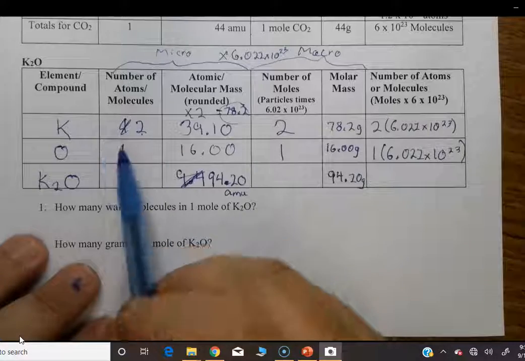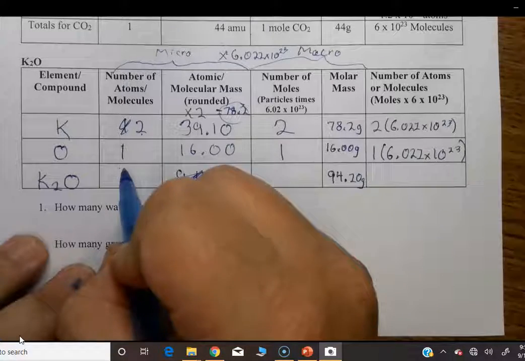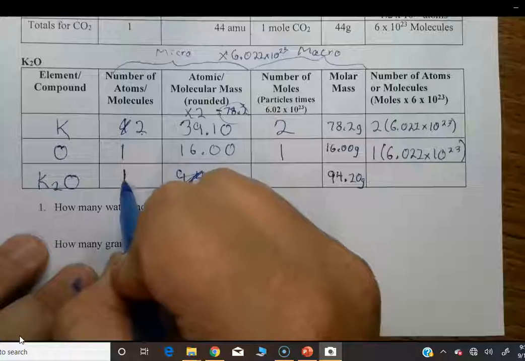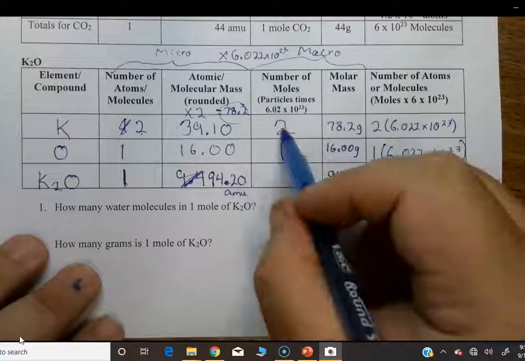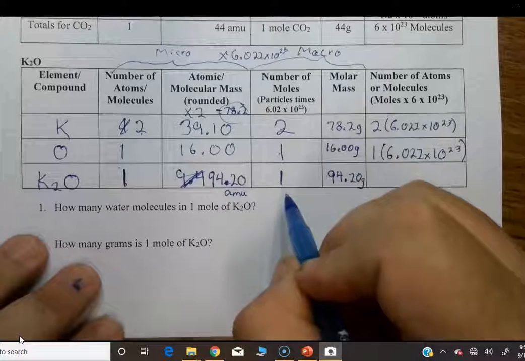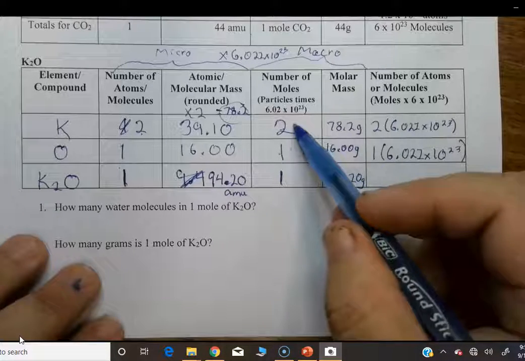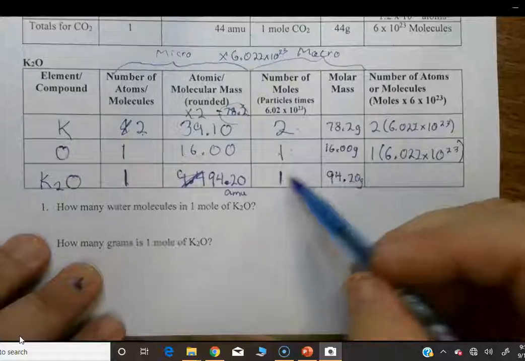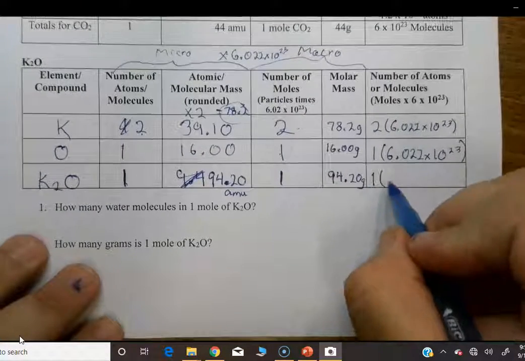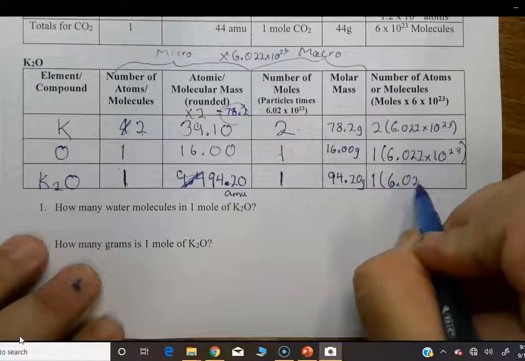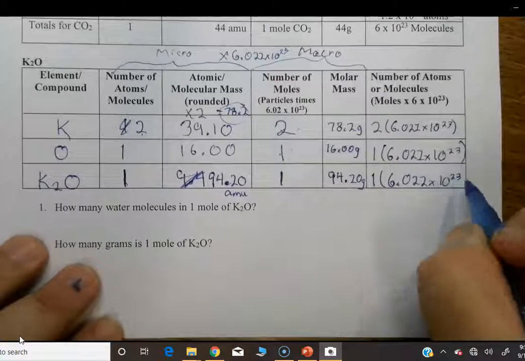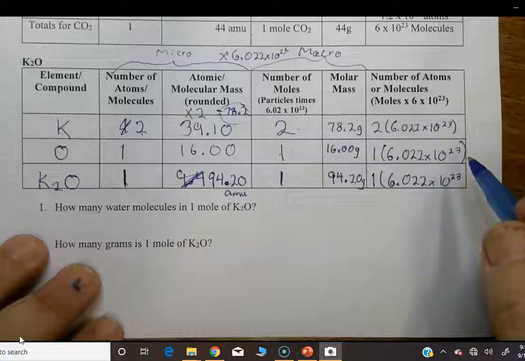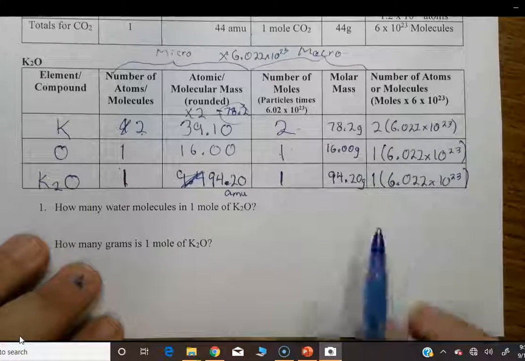And the K2 and the O gave us one again, formula unit. We'll call it a molecule just for the heck of it. And this is going to be 1 mole. So 2 moles of this, 1 mole of this give you 1 mole here. And so it's going to be 1 times 6.022 times 10 to the 23rd molecules of K2O. Okay? All right.